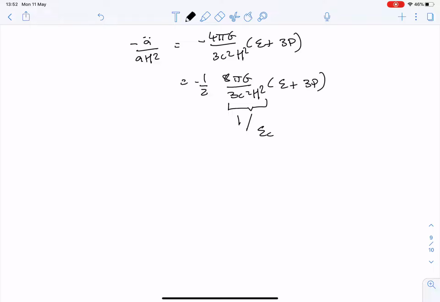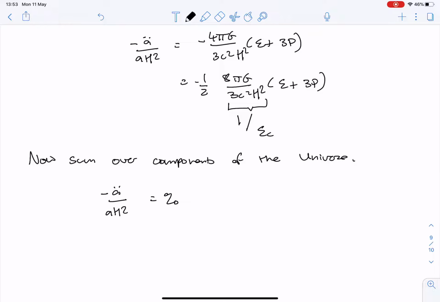So I can then do the following. I can now sum over the components of the universe. In other words, I can do minus a double dot over a h squared, which is equal to q naught, is equal to a half times the sum over w of 1 over the critical density times e plus 3p.